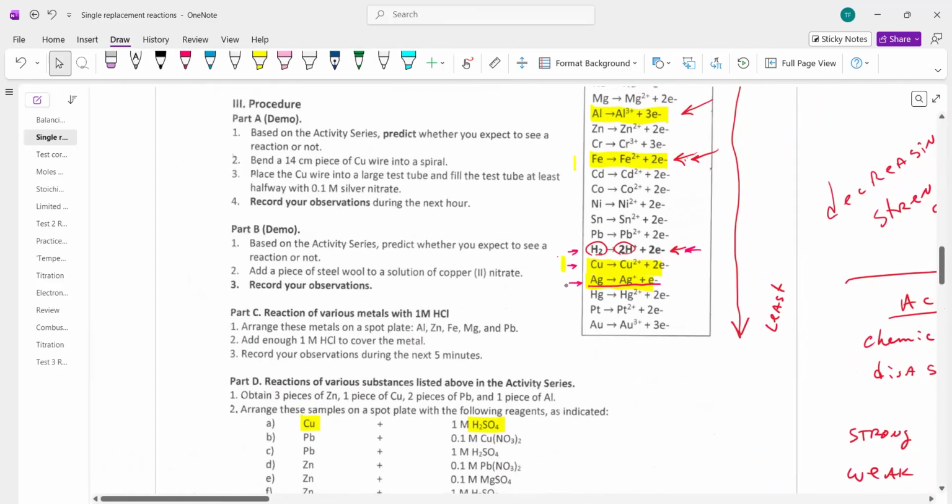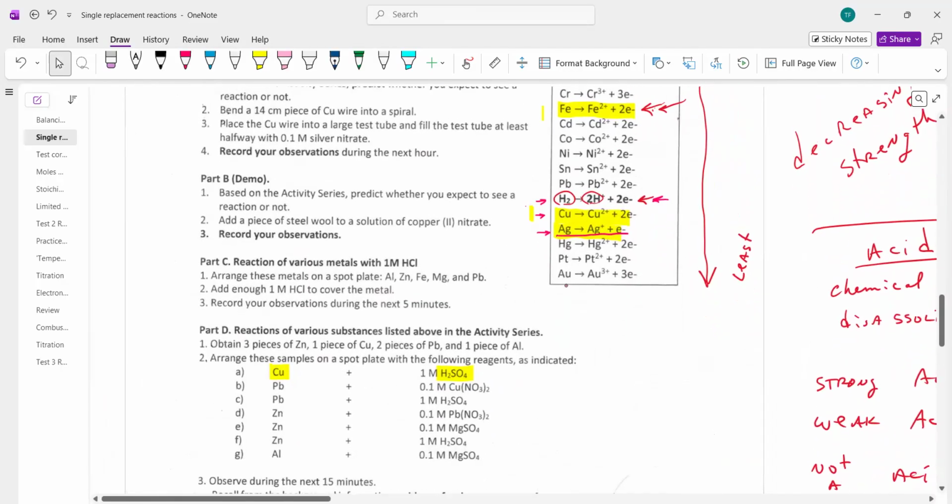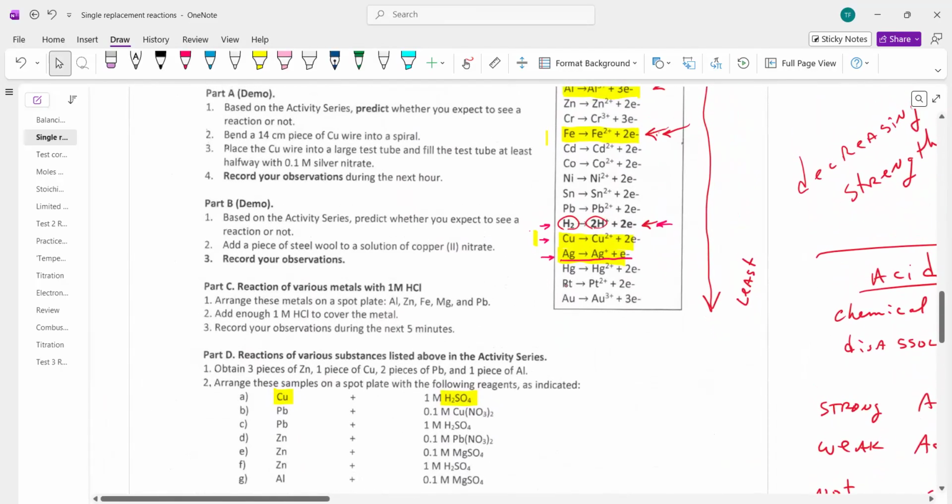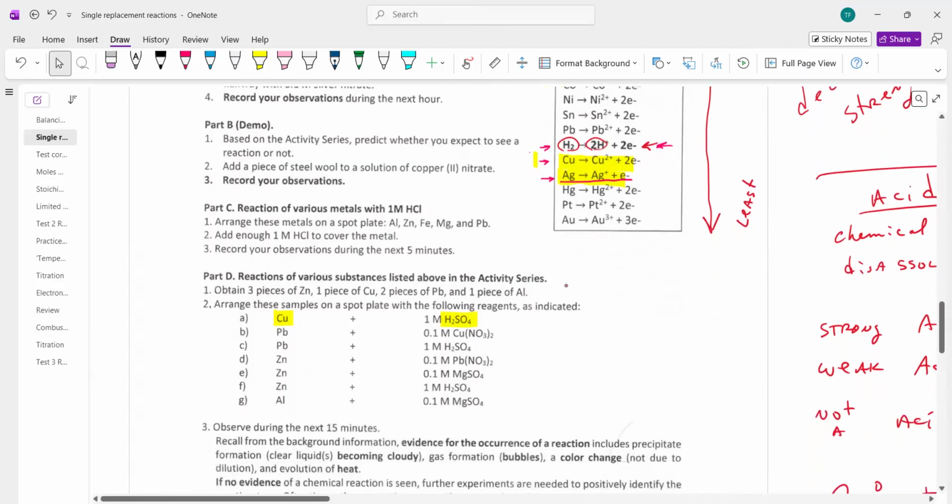All right, so let's do, okay, this is the procedure for today's lab. You're gonna have two demos. I'm gonna be doing them up front. And then you're gonna react various metals with hydrochloric acid. And the next one down, part D, is we're going to be taking copper and these salts.